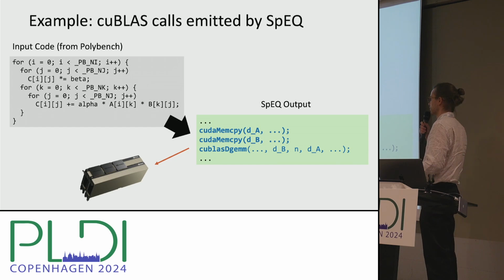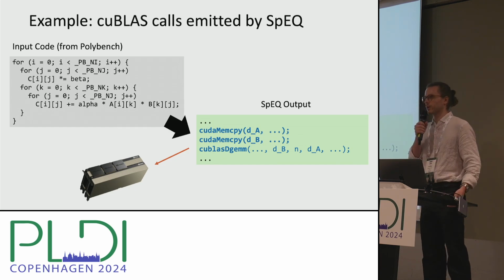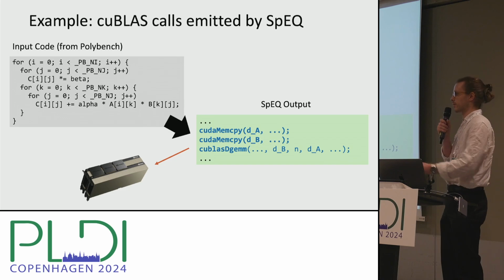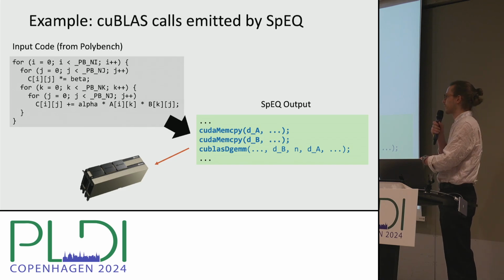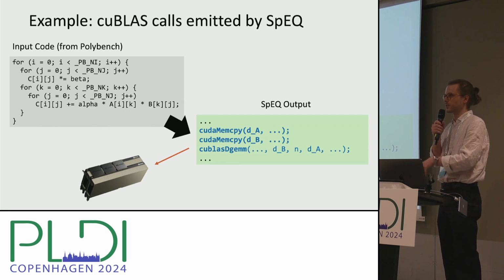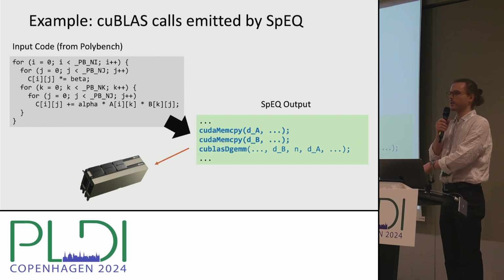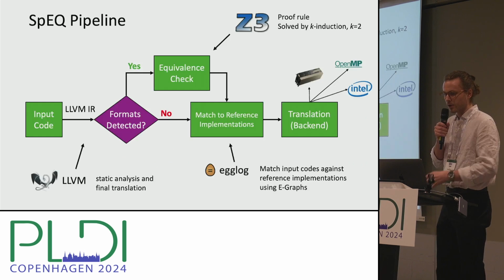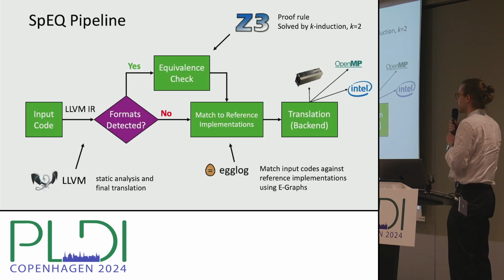This is a matrix multiplication code, and here's how to translate it into a library call for a GPU, for example. The main idea is extracting segments of code that we know map to very efficient library implementations or DSLs, and letting those tools take care of the optimization and do exactly what they're made to do. So this is the whole pipeline of SpEQ end to end.